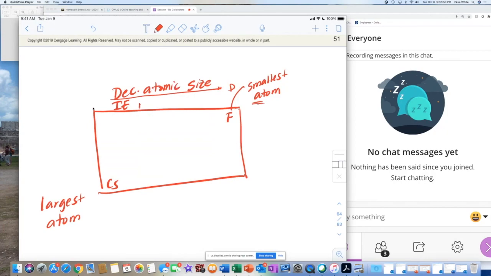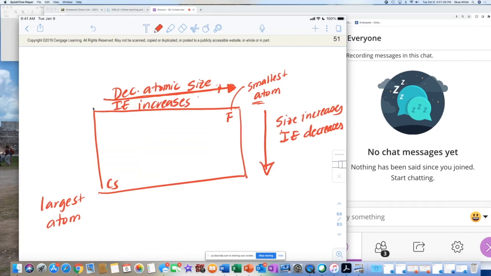Ionization energy increases as we go from left to right. So the size gets smaller, but the energy required to remove the electron is more. And then as we go from top to bottom, size increases, then ionization energy decreases.